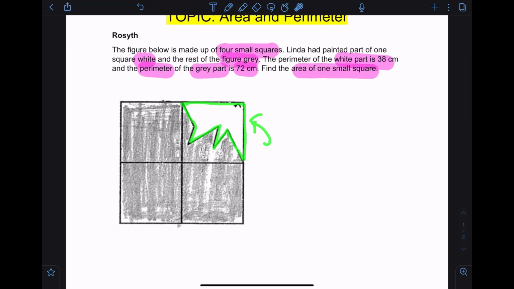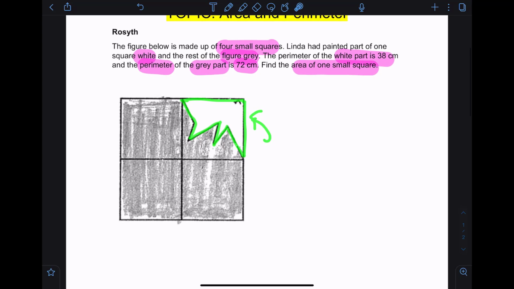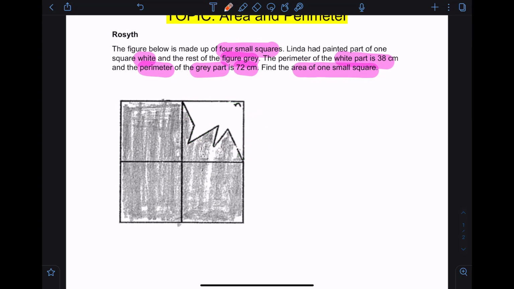So to do this question, let me explain to you via the model drawing method. We're going to draw a model for the white part's perimeter, which includes the jagged part, plus another 2 lengths. So again, jagged part plus 2 lengths.